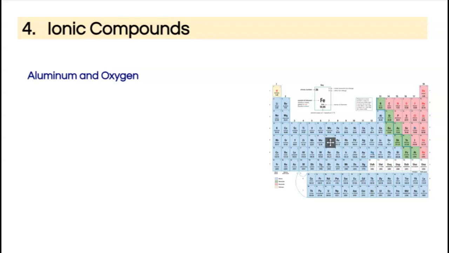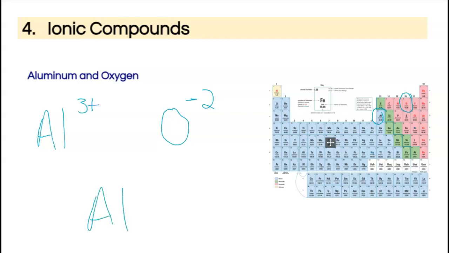First of all, we have to find aluminum. Aluminum is right over here, and I'm hoping you could see on your periodic table that aluminum has a charge of +3. Then we find oxygen, and oxygen has a charge of -2. I like to do this little setup where I just write the elements down, and then I take the charges.